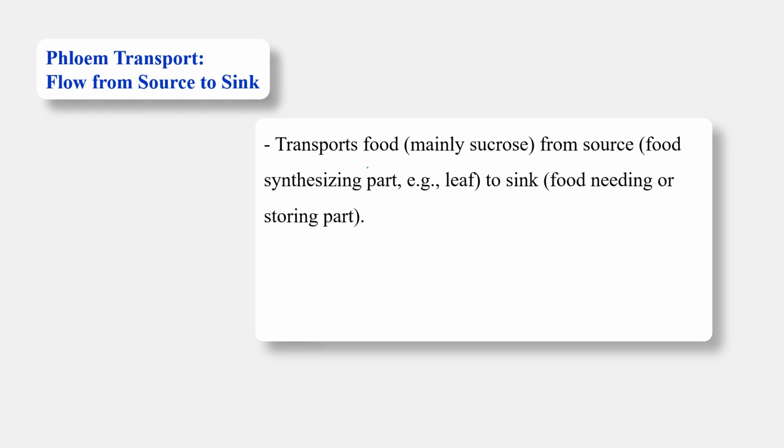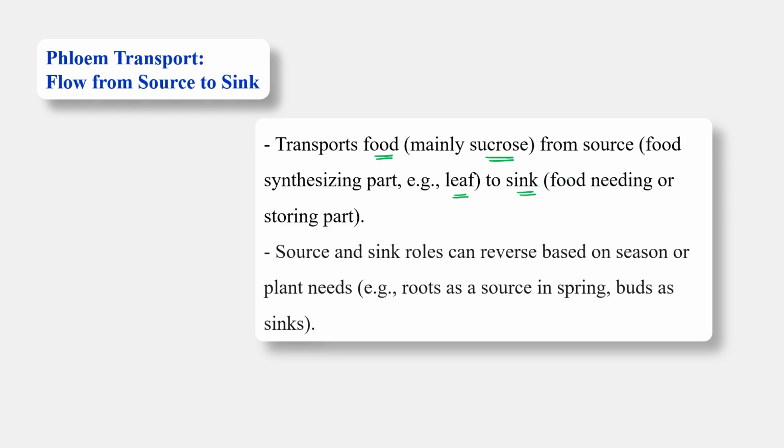Transport: phloem is mainly responsible to transport food as sucrose, from the source, like the food synthesizing part, the leaf, to other parts of the plant body, or we can say sink areas where food is needed for storage purposes. Okay, so source and sink roles can be reversed based on the season or plant need, like root as a source in spring, buds as sink during the same season.